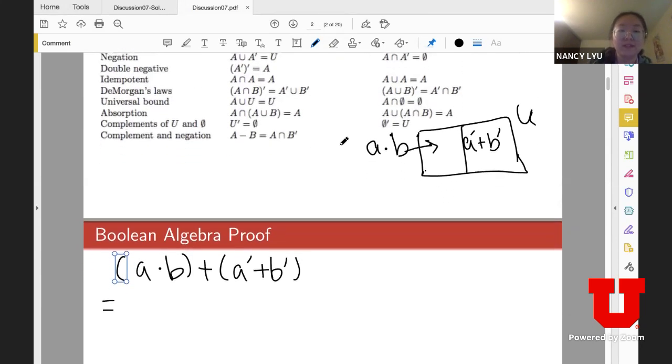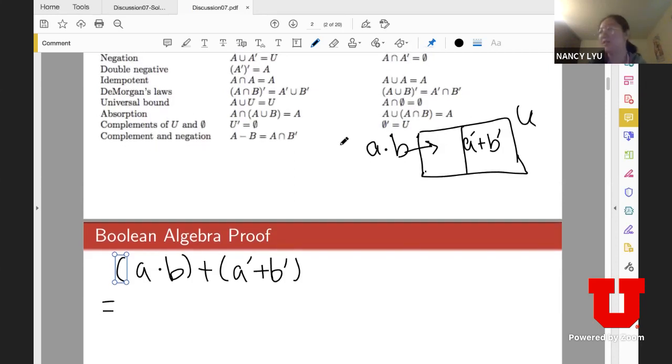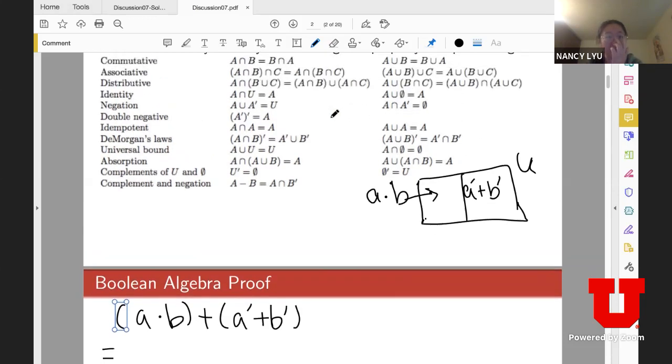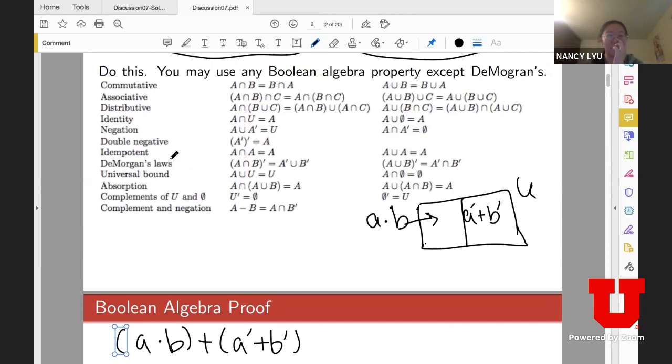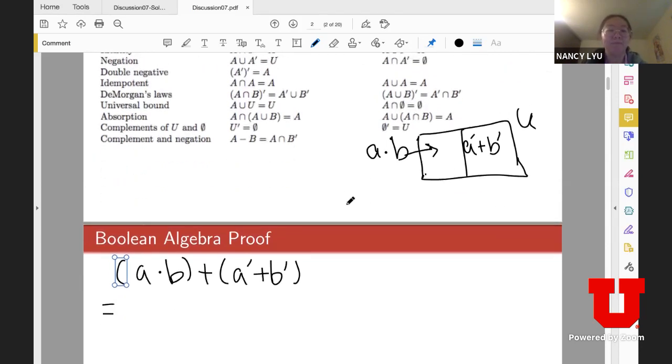What is the first step we want to do? Anyone, any ideas? We can use any of the properties except De Morgan's laws in theorem 6. So what's going to be our first step?